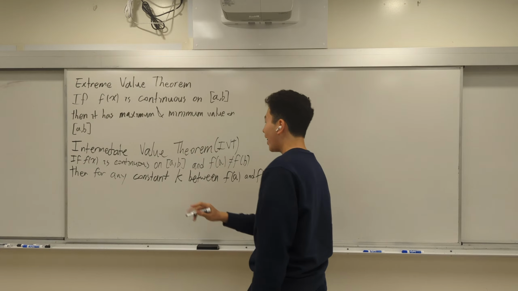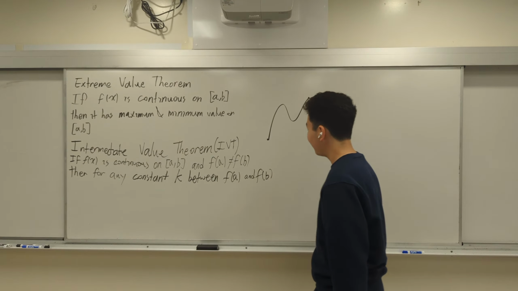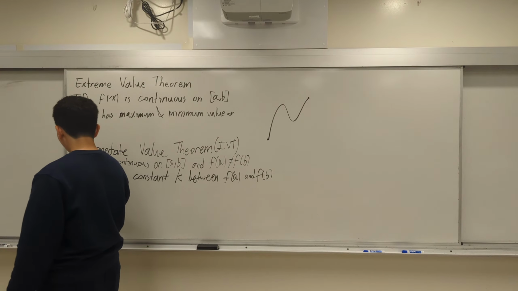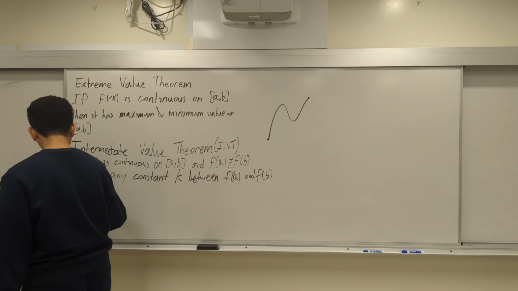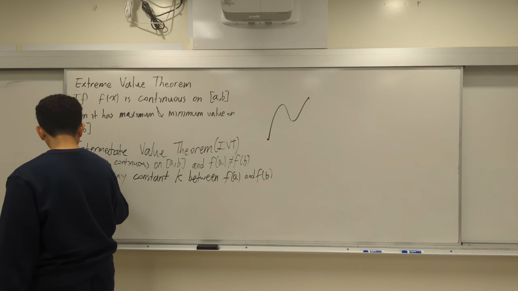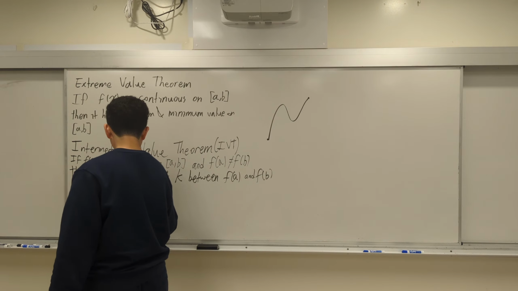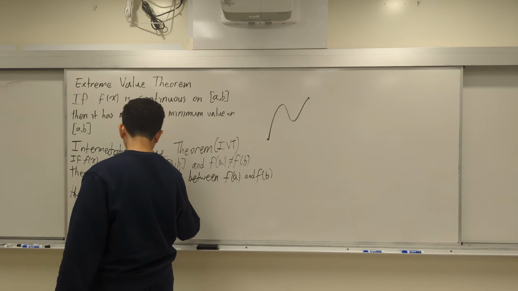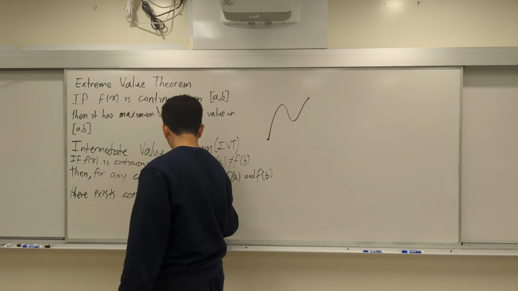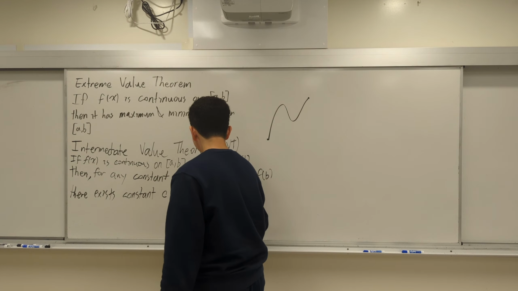For any constant k between f of a and f of b, there exists a constant c so that f of c equals k.